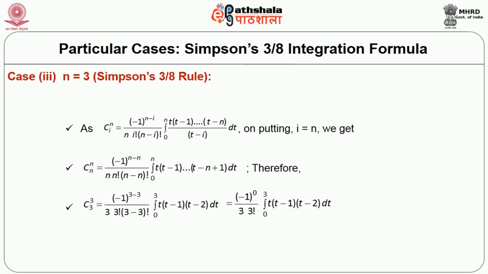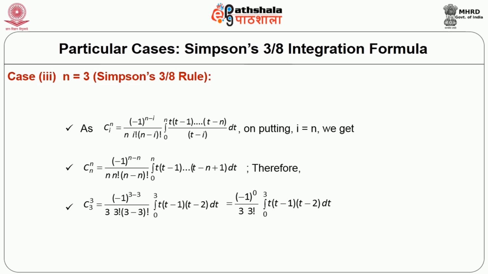Again the most convenient expression will be 3c3 for us, and so let us derive 3c3. So nci is given by (minus 1) raised to (n minus i) upon n into i factorial into (n minus i) factorial, integral 0 to n of (t minus 1) ... (t minus n) upon (t minus i) dt.